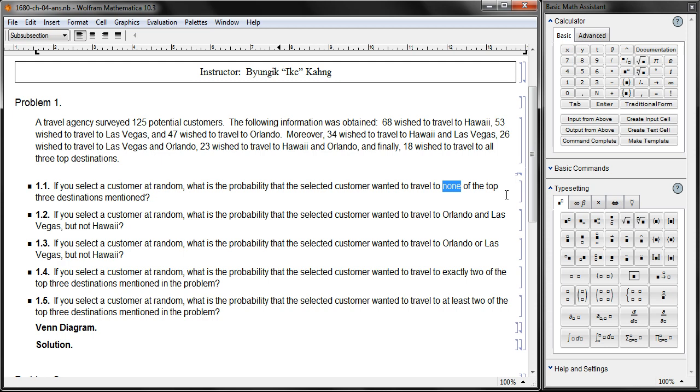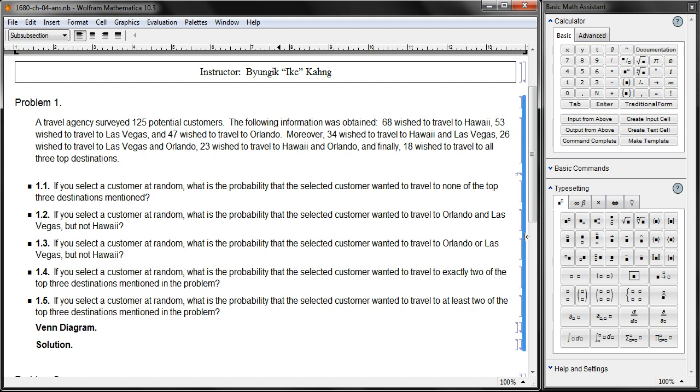Next, what's the probability that the selected customer wanted to travel to Orlando and Las Vegas, but not Hawaii? 1.3 is very similar except that Orlando or Las Vegas, but not Hawaii. The difference between 1.2 and 1.3 are and versus or. And these two make a world of difference.